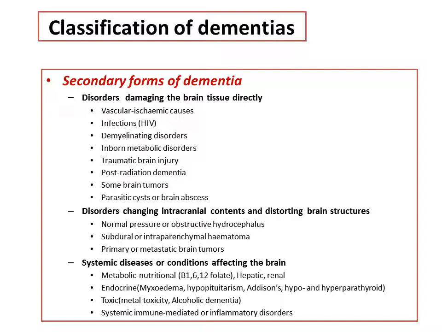Also, disorders changing the intracranial content and distorting the brain structure, like normal pressure hydrocephalus or obstructive hydrocephalus, subdural or intraparenchymal hematoma, primary or metastatic brain tumors, and systemic diseases or conditions affecting the brain, like metabolic problems, nutritional problems, hepatic and renal disease, endocrinological disease, toxin exposure, and systemic immune-mediated inflammatory disorders.